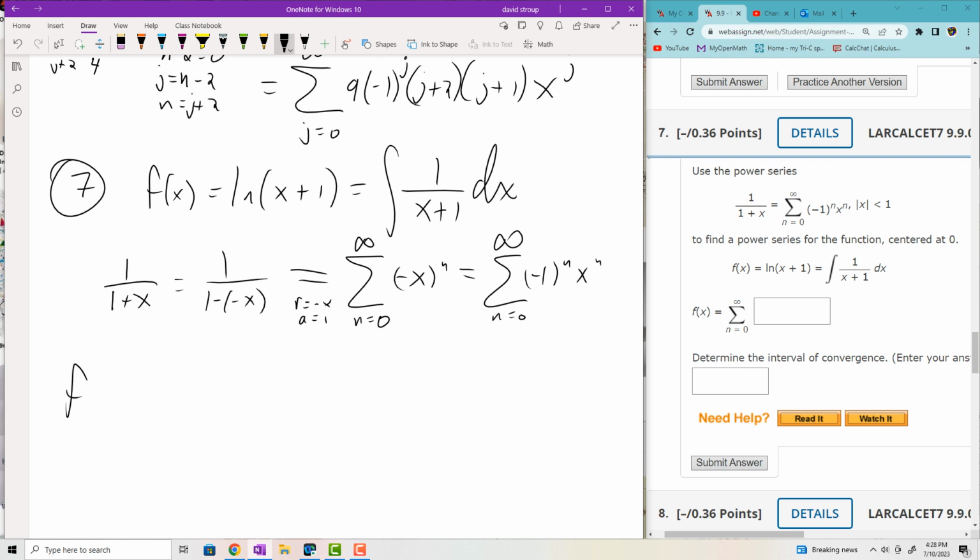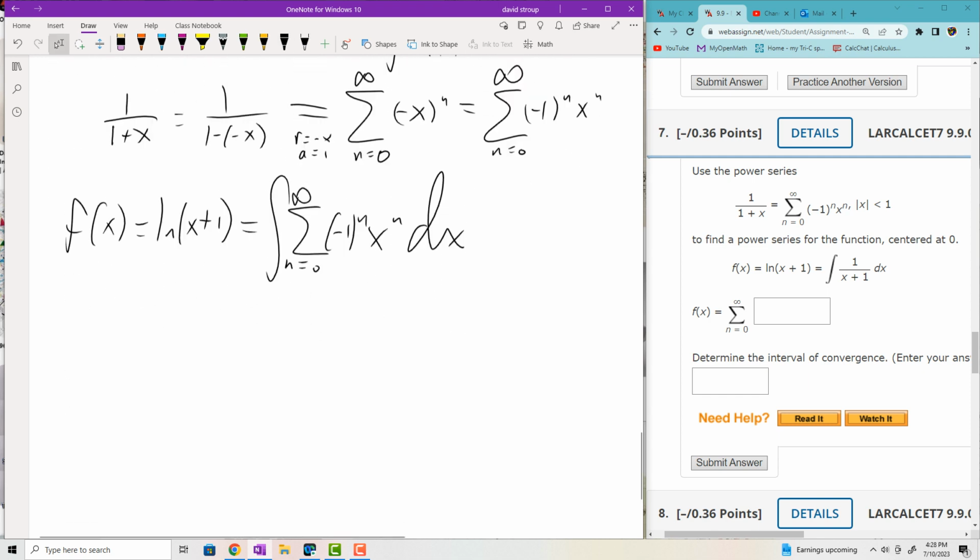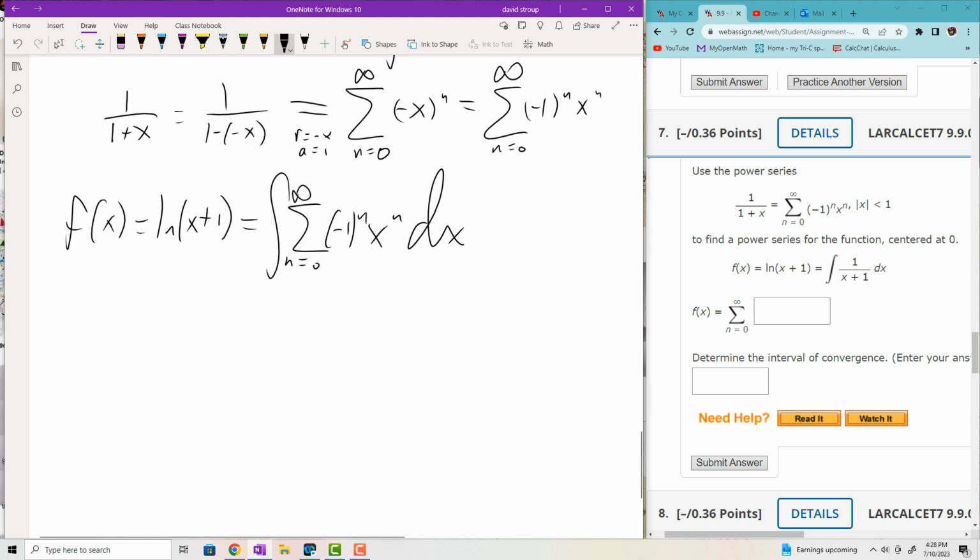And then to get my hands on this natural log function, I'm going to be taking the integral of that series. Again, I'm going to be worried about the index if I need to shift it over.